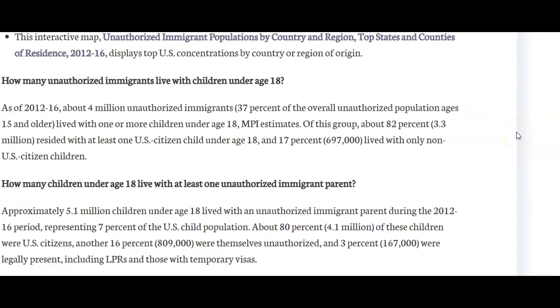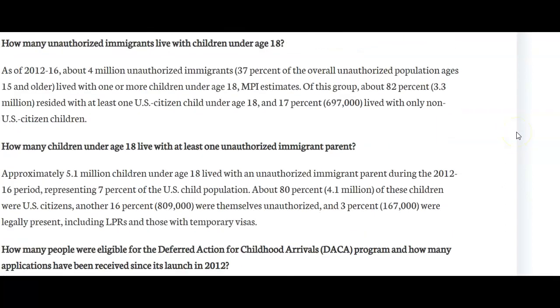How many unauthorized immigrants live with children under the age of 18? As of 2012 to 2016, about 4 million unauthorized immigrants, 37% of the overall unauthorized population ages 15 and older, lived with one or more children under age 18, MPI estimates.